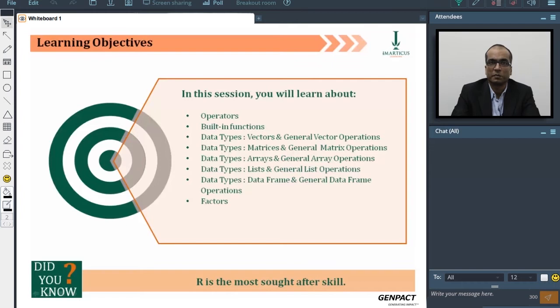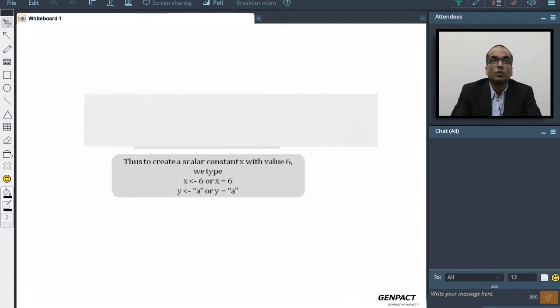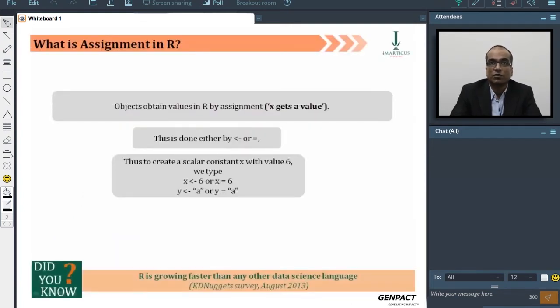So operators, the basic operators, which we usually know as the mathematical operators sometimes. So what is assignment in R? When you see a symbol like a less than with a dash, or a single equal to, that basically means an assignment operator. It usually goes from the right to the left, which indicates that some operation on the right is being done and the output is allocated to some term on the left hand side of the operator.